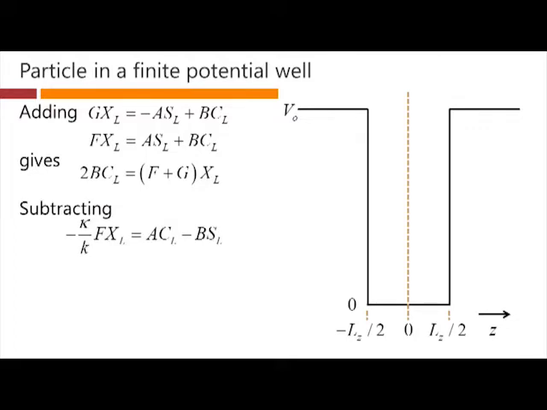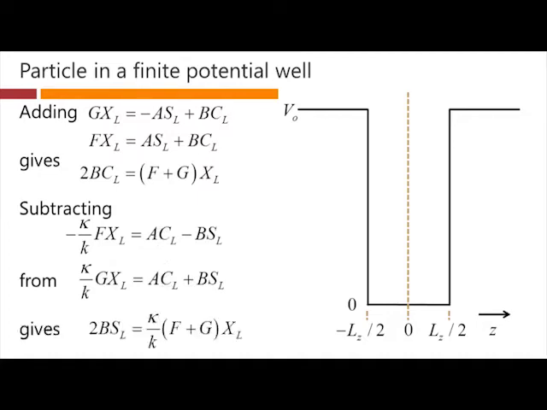Similarly, subtracting one of the continuity of the derivative conditions we came up with from the other one, subtracting this one from this one, these terms are going to cancel out, and we'll be left with 2b sL and kappa over k, f plus g times xL.